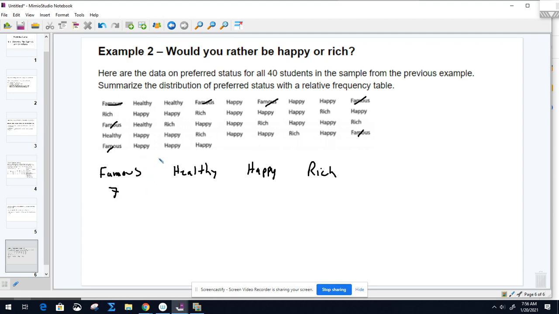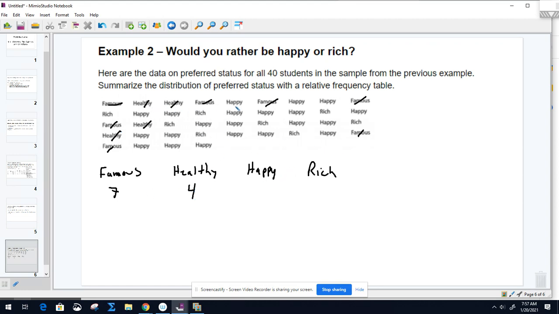How many would be healthy? And again, make sure that we count these correctly. 1, 2, 3, 4. So 4 would like to be healthy.